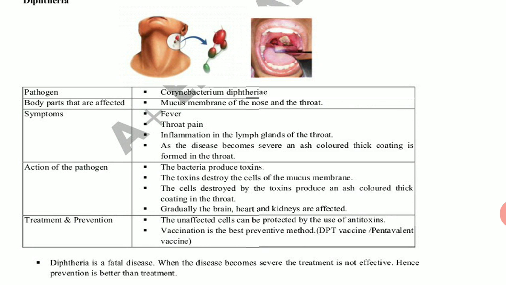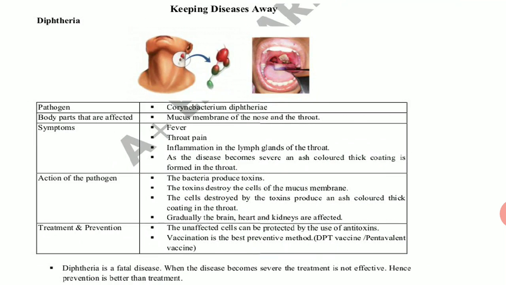Then how the pathogen acts. Action of pathogen is given. Here the bacteria produce toxins. Generally, bacteria cause disease by producing toxin. Toxin means poison.